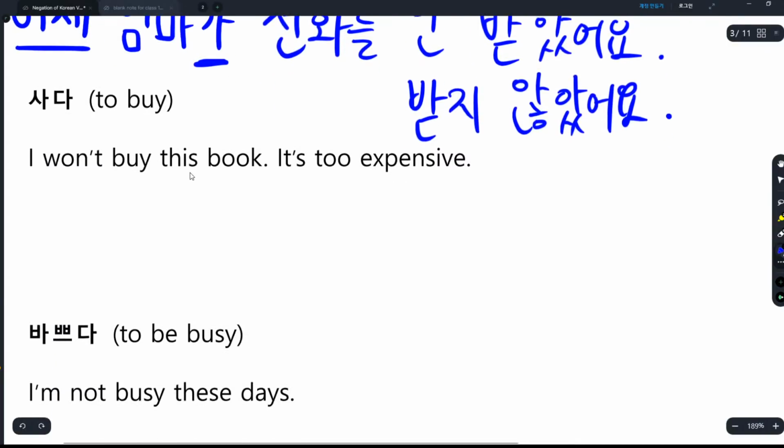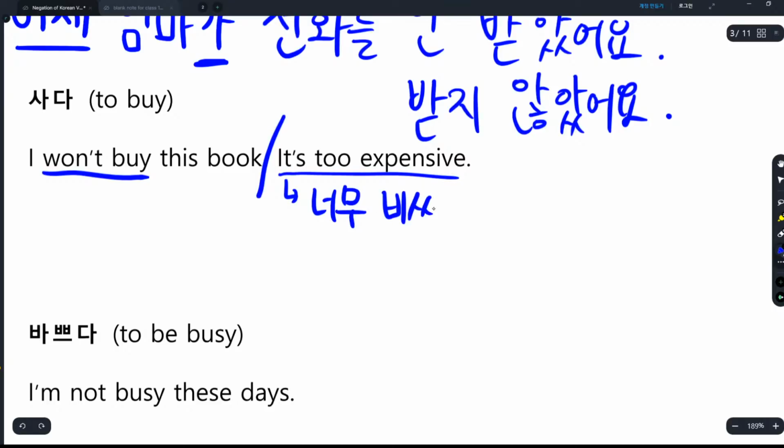And it also works with future tense, guys. Future tense. I won't buy this book. It's too expensive would be 너무 비싸요. And we're going to translate only this part. I won't buy this book.